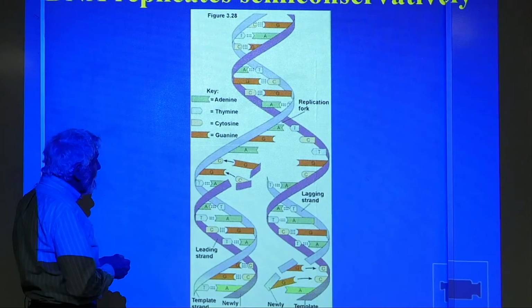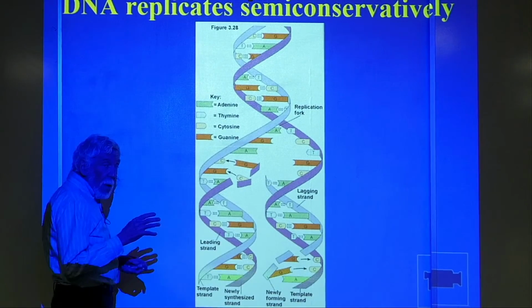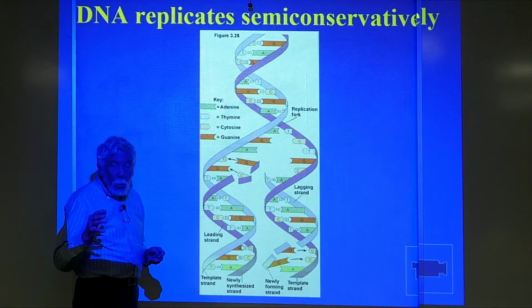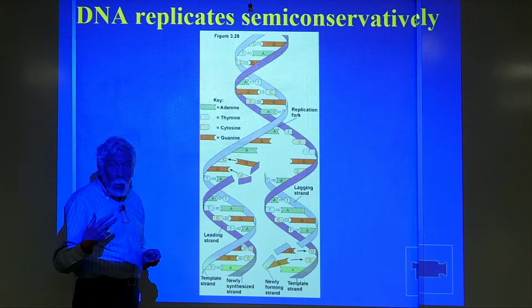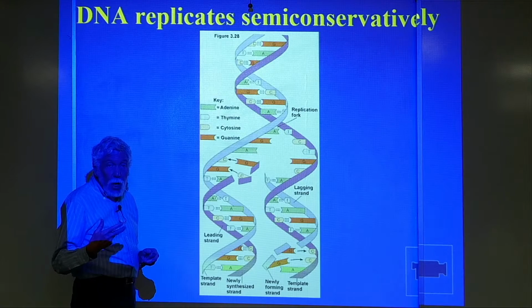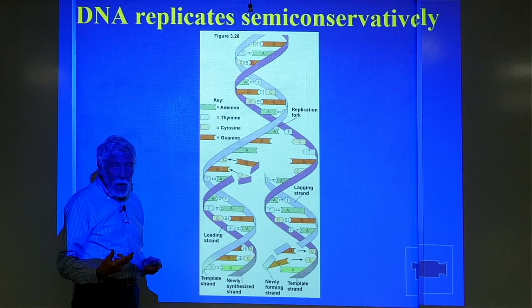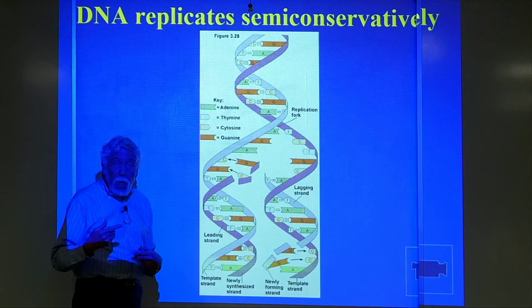And we finished with the idea that we would use the 2 old strands as template strands, and from that we would synthesize a new strand that's complementary to the old strand. But there were a couple of flies in the ointment here.